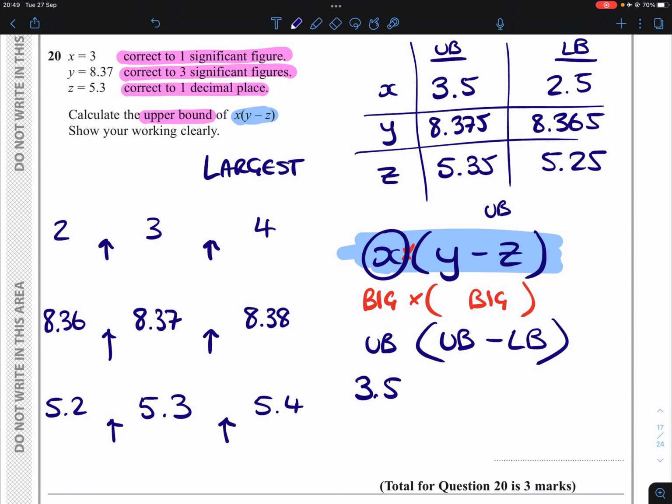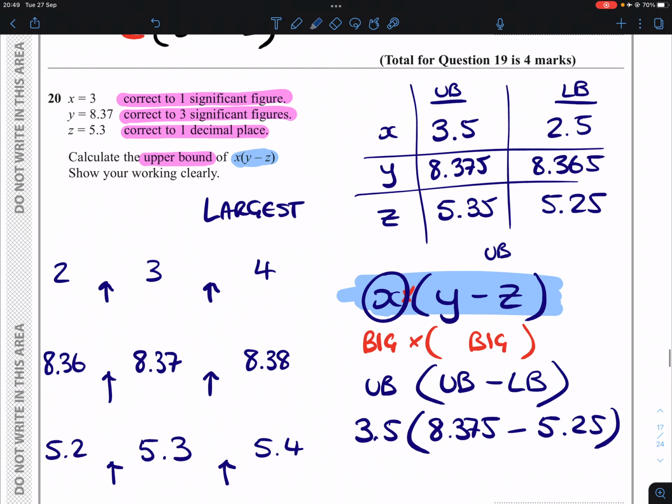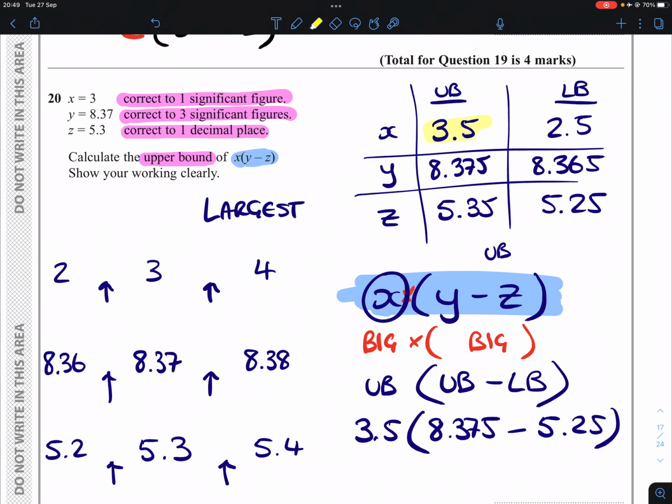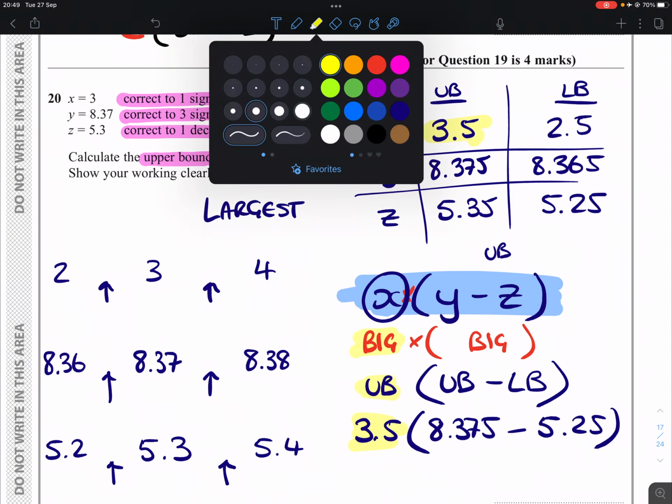So what we end up with is 3.5 on the outside of the bracket, and 8.375 on the inside of the bracket for y, along with subtract 5.25. Just to highlight all of these: we have our upper bound for x, because we want that value to be as big as possible.